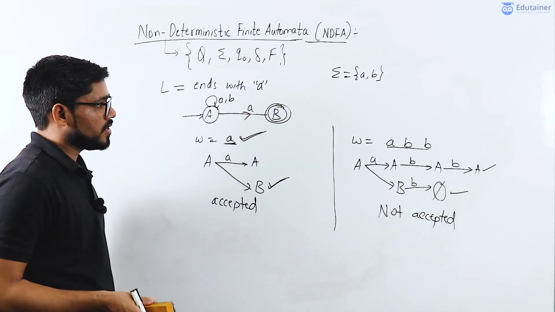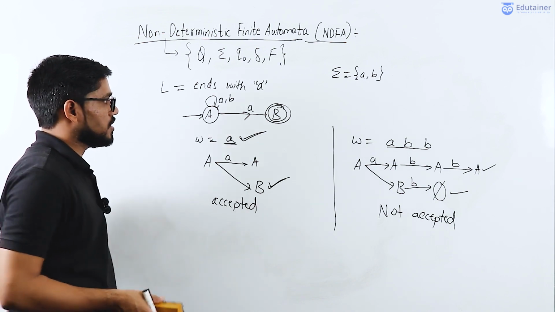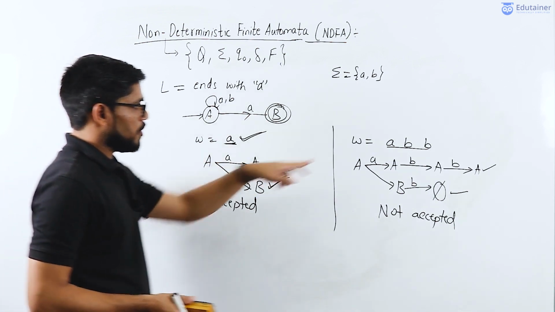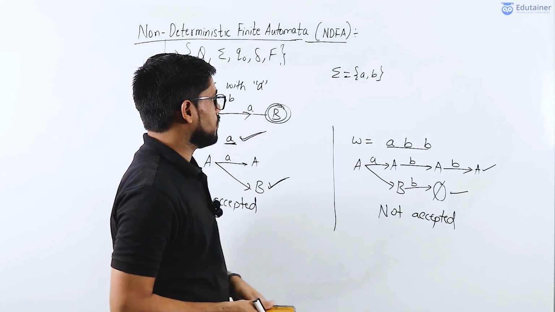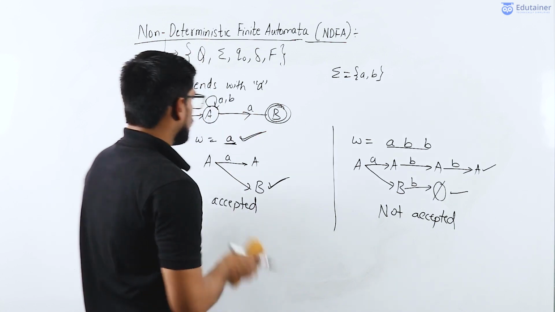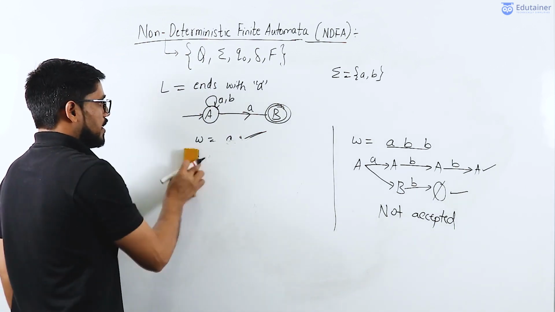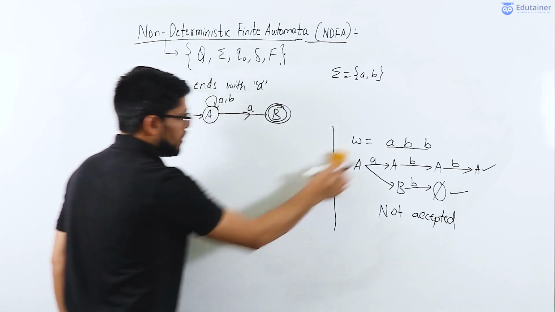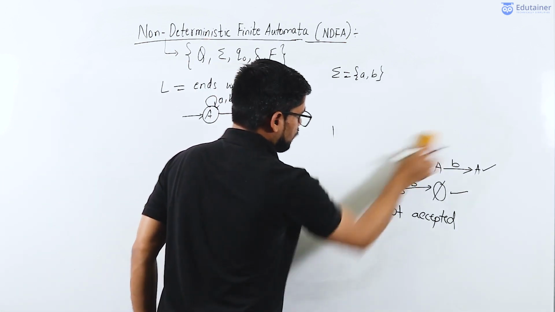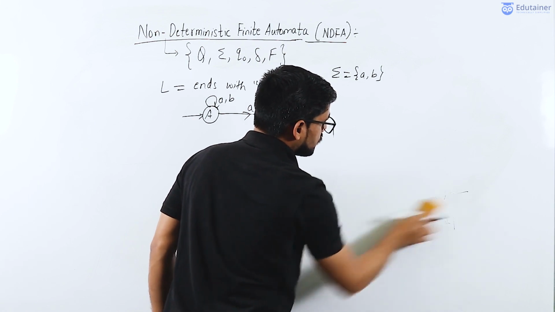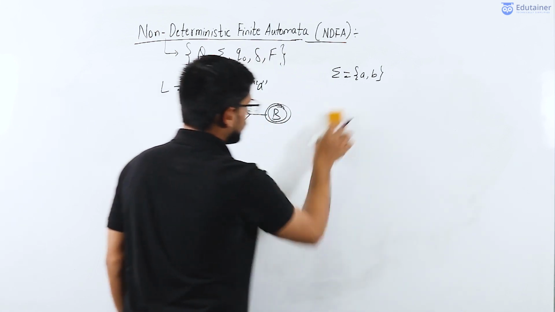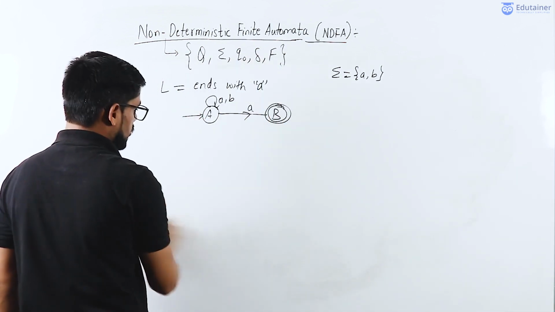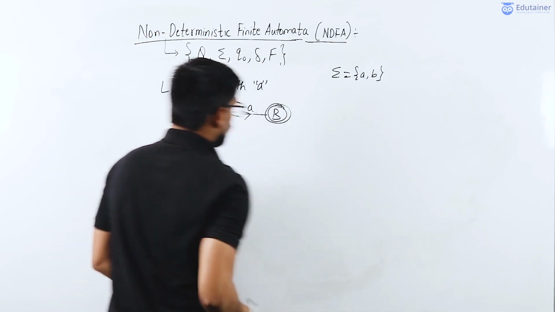So you understood how we draw the transition diagram and trace a particular string on this NDFA. Now let's visualize what the transition function of a non-deterministic finite automaton looks like.